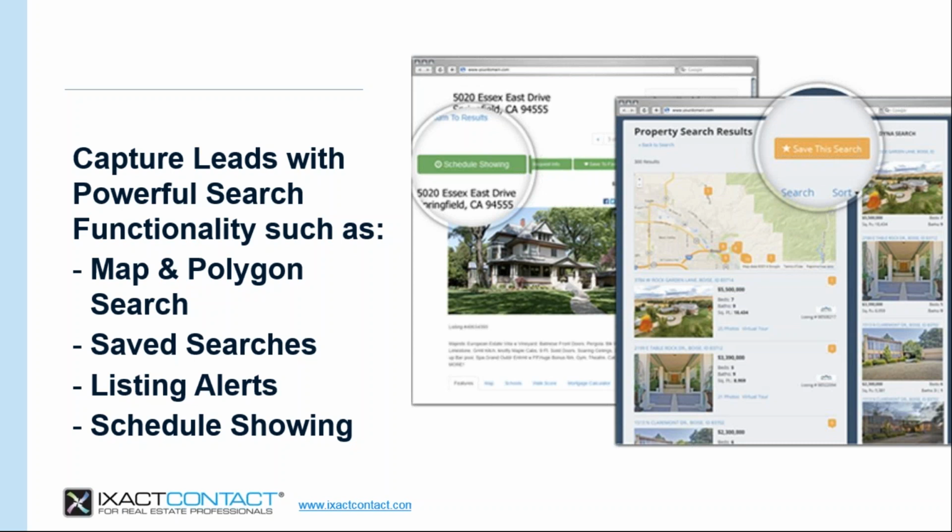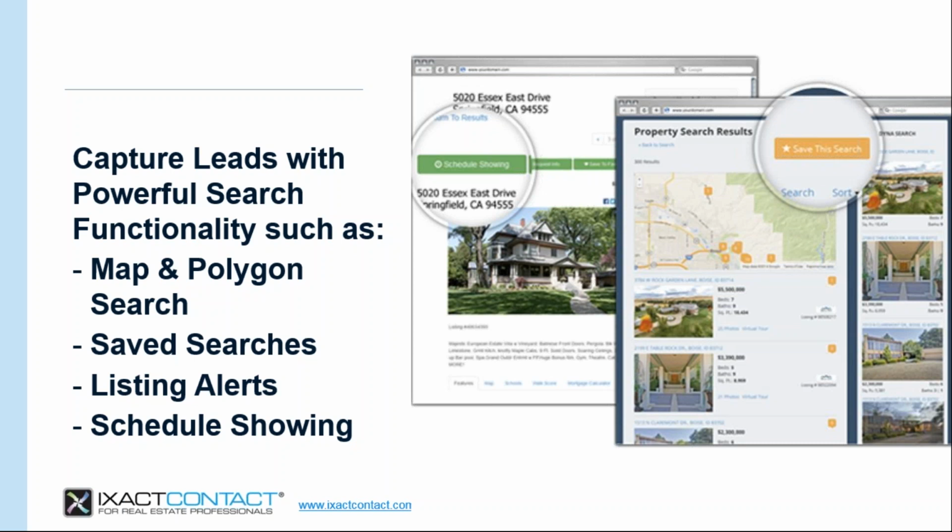It sounds a little technical, but the idea is the consumer's on your website, they did a little search, they're drilling down on listings that they might be interested in, and you want to have what's the technical term, gated content or squeeze pages. The idea is, let's say they've created a search, they're thinking, I'd love to get listing alerts. So they tap a button that says, give me alerts whenever there's a new listing in this search area.